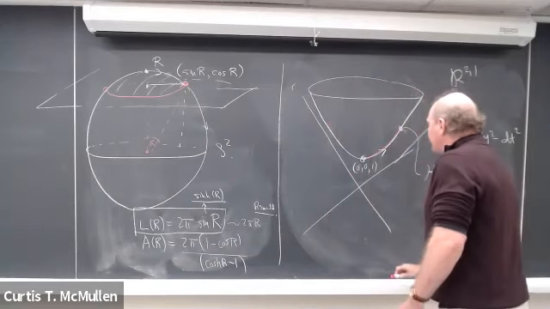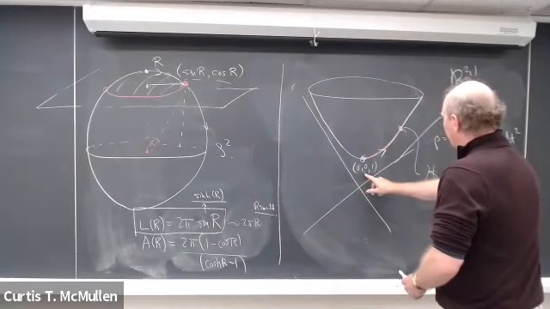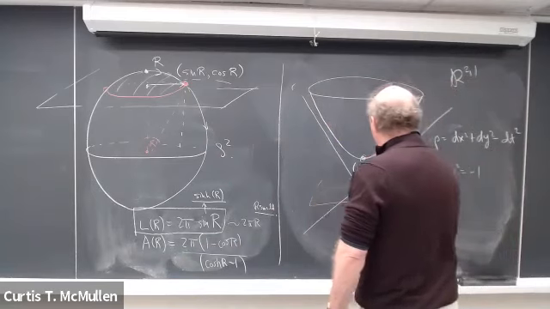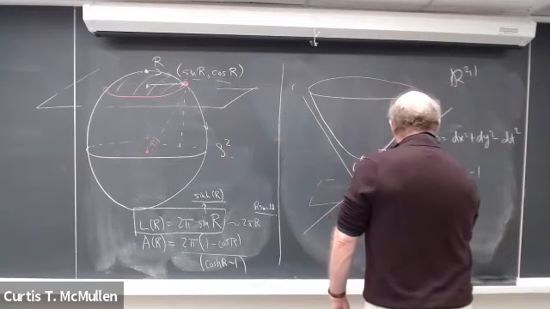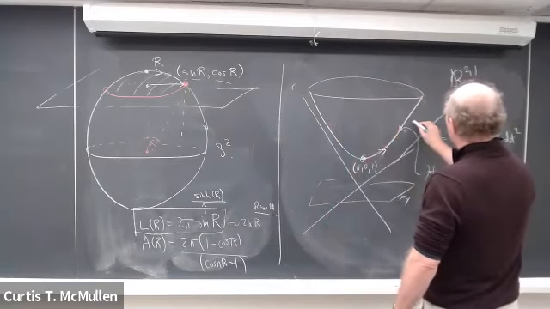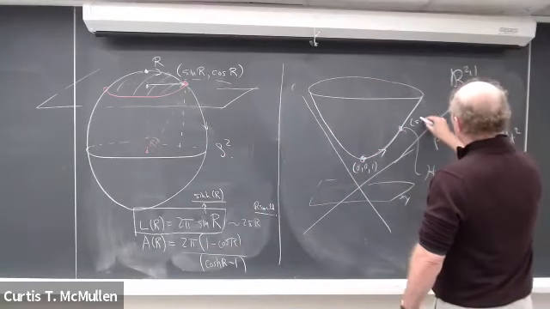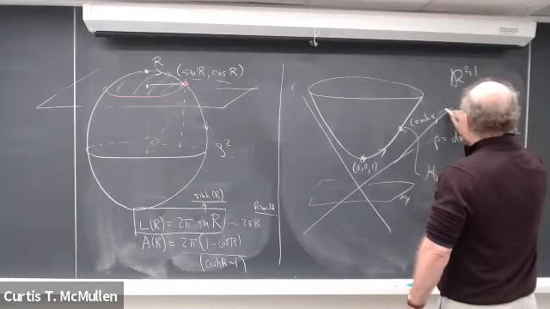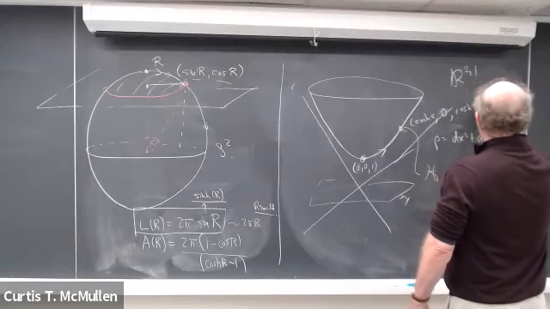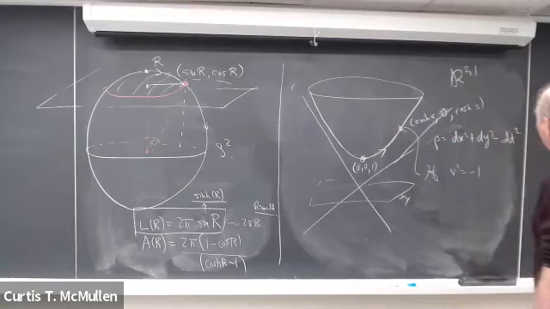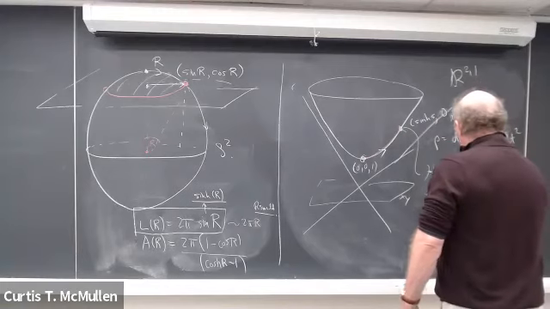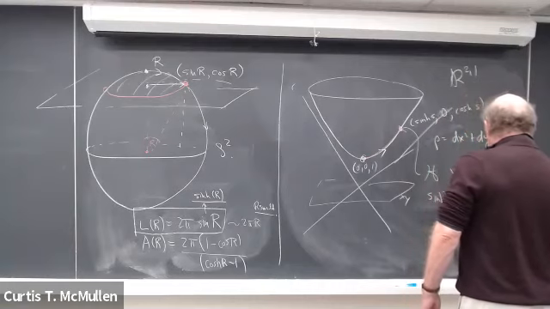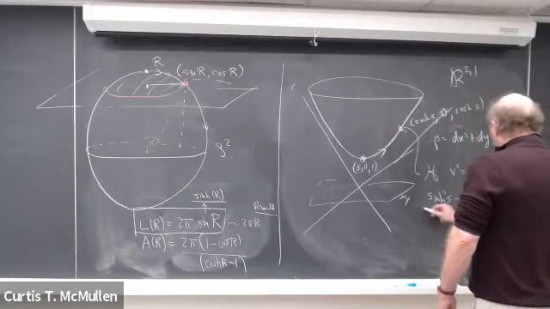If we want to just change the x coordinate, keep y equal to 0, remember the xy plane is down here, then this becomes sinh of s and 0, and then cosh of s. And we know we're on the hyperboloid because sinh squared s minus cosh squared s equals minus 1, as it should.